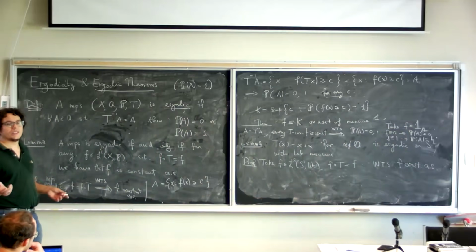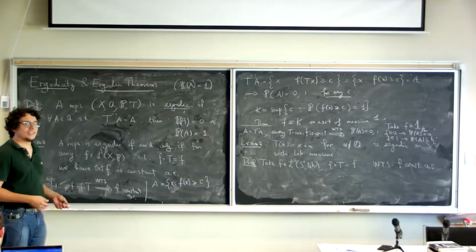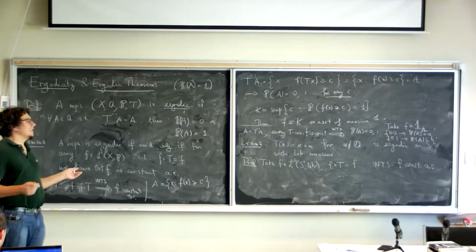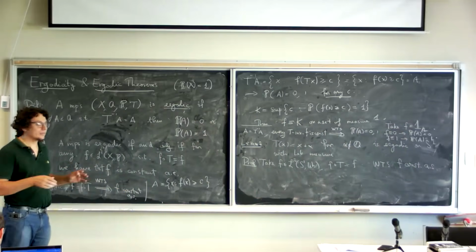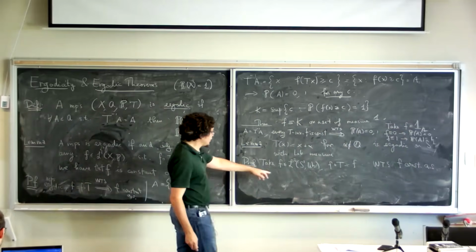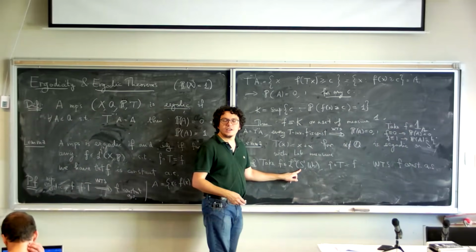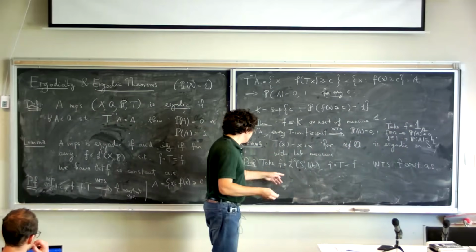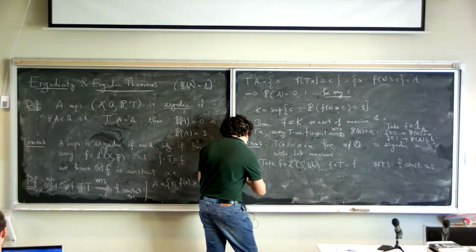So how do we do it? There are several proofs, but the most elegant one usually is using Fourier series. Because f is a function on a circle, so it's a periodic function on the real line, so you can write it in a Fourier expansion.